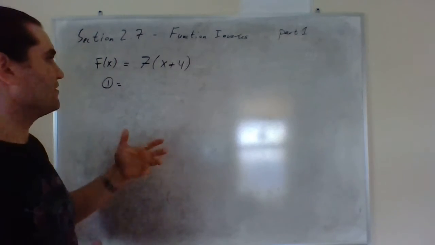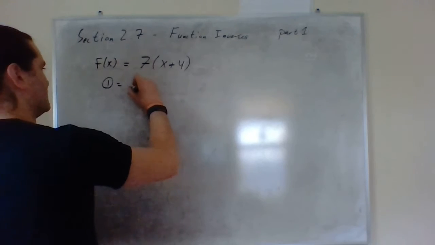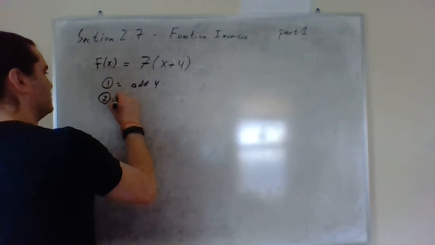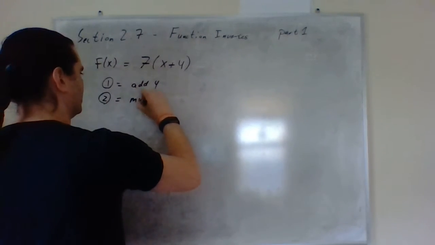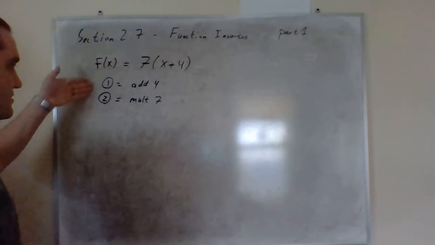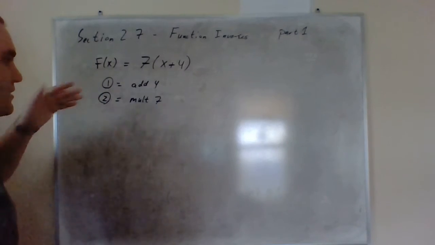You would start with 5. The first thing you would do is add 4. And then the second thing you would do to that number, whatever the outcome was, is multiply by 7. This is what the function f of x does to things. First it adds 4, then it multiplies by 7.